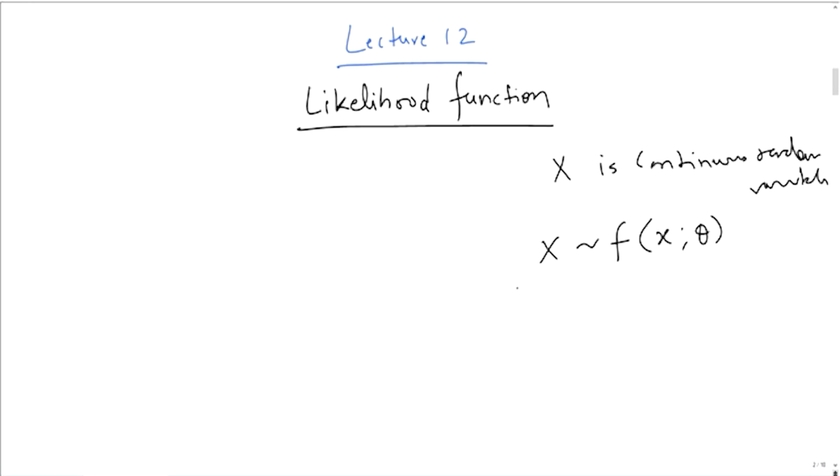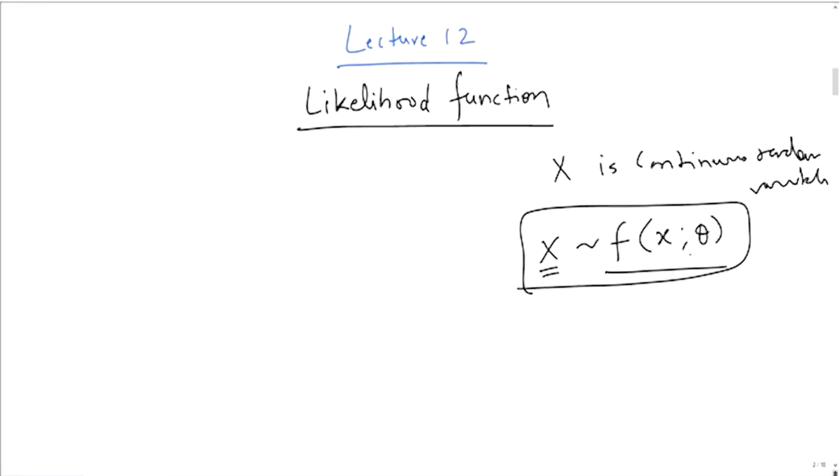By the way, you can write statements like this, right? See here, I am using this wave sign. This is called a simulation sign. What I am saying is that x is a random variable, and values of this random variable are drawn from this generative process f of x theta, right?